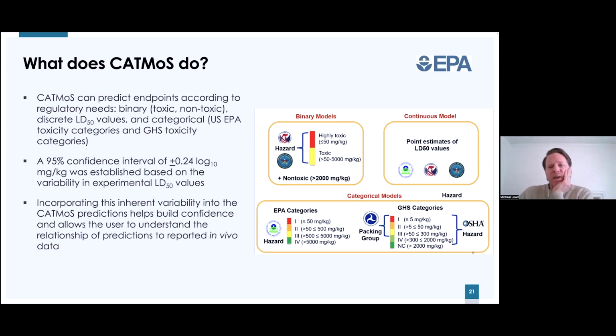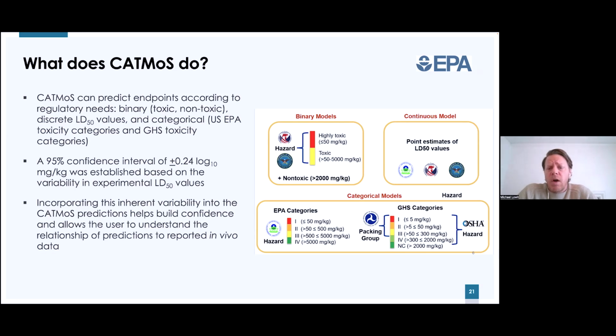Now that we have an idea what CAPMOS is, the question is, what does it do? CAPMOS can predict endpoints according to a wide range of regulatory needs. For example, binary models, that is toxic or non-toxic, discrete LD50 value models, and categorical models such as the US EPA toxicity categories and GHS toxicity categories.